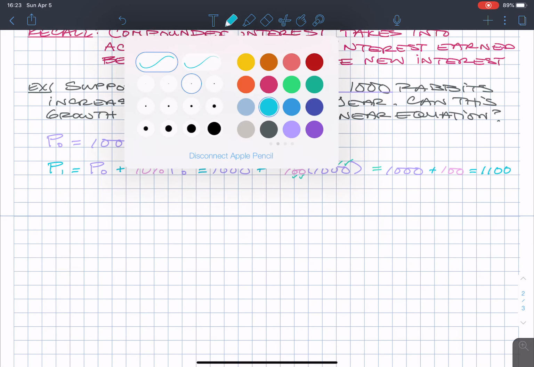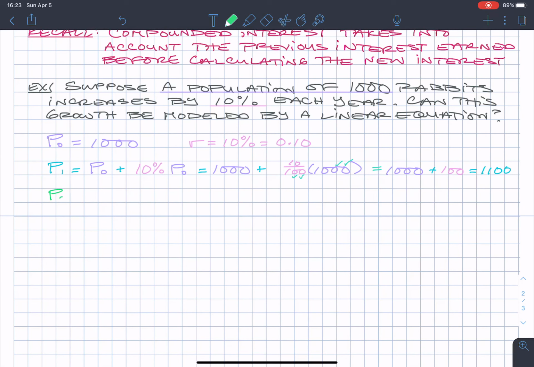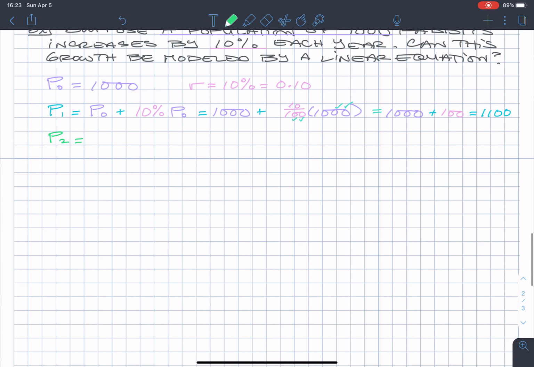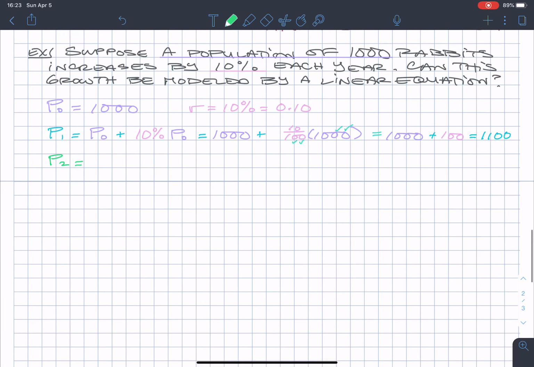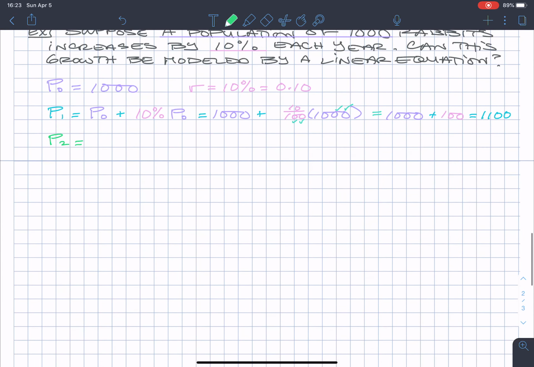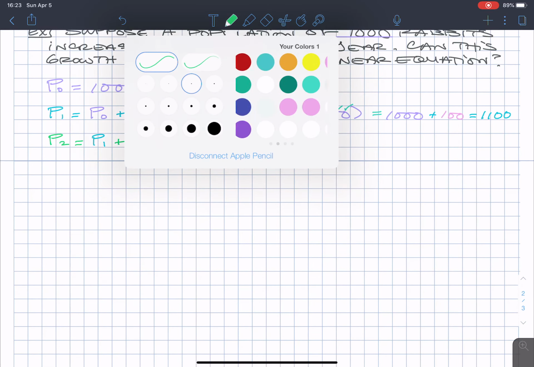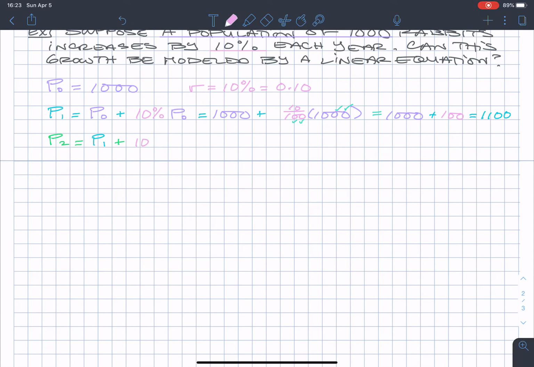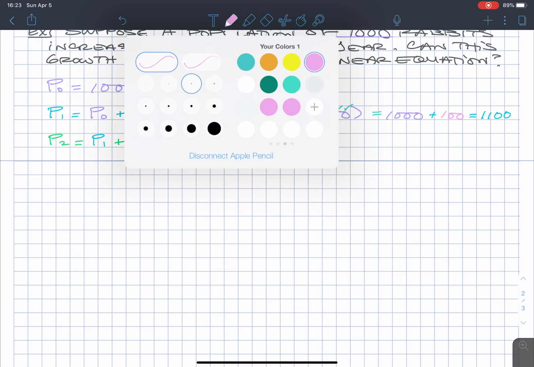So what about the end of the second year? So P sub 2 will be, well, the second year, remember I have to take into account the first year. So it's going to be P1 plus 10% of P1, right?